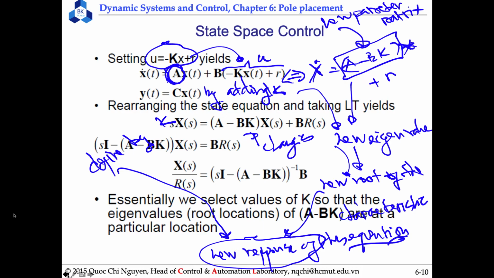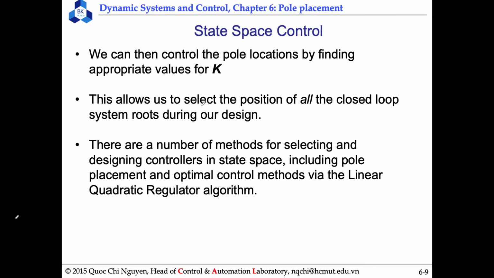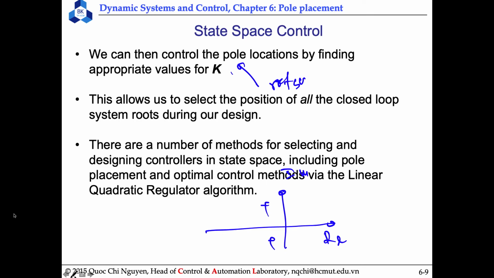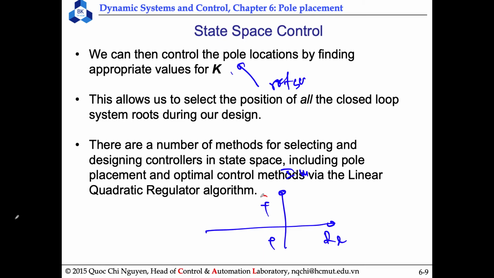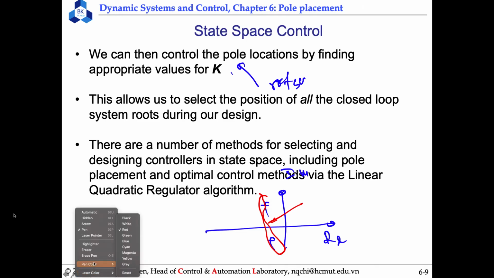Okay, and therefore we prove in the root. As we say in the dominant pole in classical control, we can have the dominant pole here, right? We can have the dominant pole. Let me make it more clear.